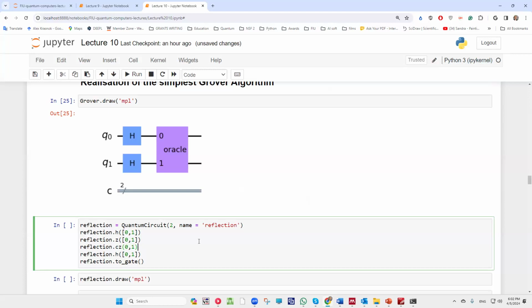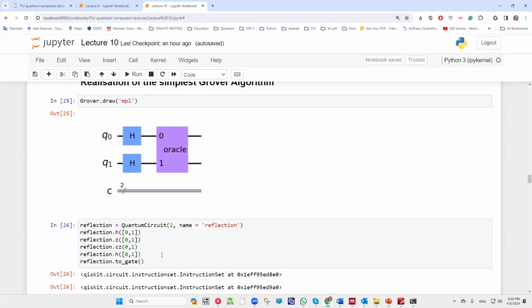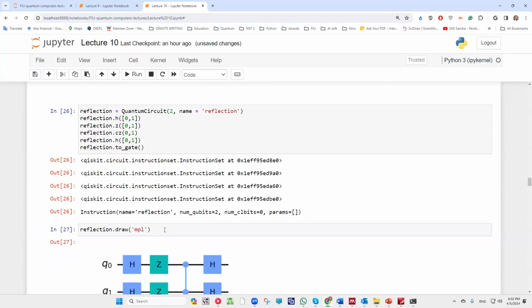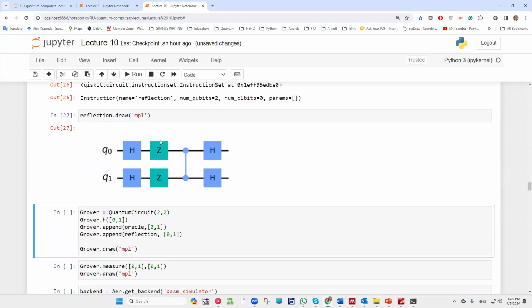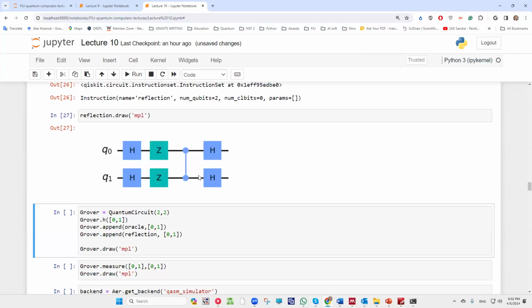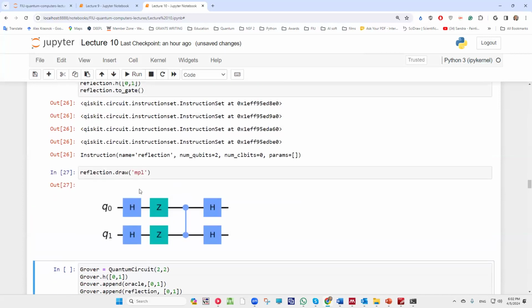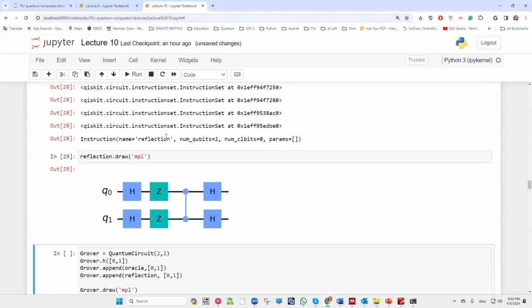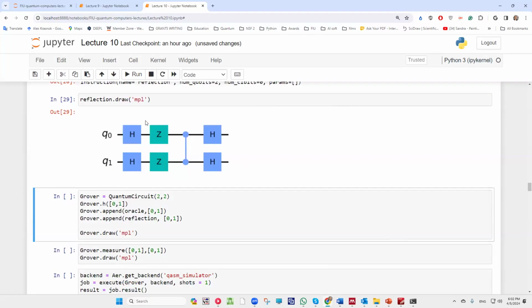We need to apply the reflection operator. For this particular case, the reflection operator looks like this. It's a system of two Hadamards, then two Z gates, then Control Z, and another layer of Hadamards. So this is the reflection operator.